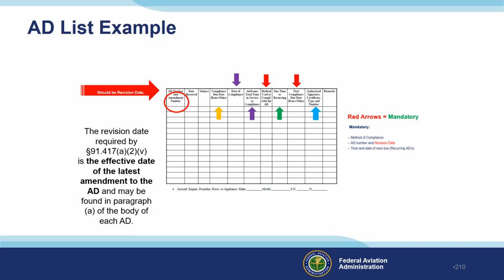If that's the case, then this becomes part of the official required records. You could just put in that block, see logbook, dated, whatever. And then the logbook itself would be the actual record of the accomplishment of the AD. Different ways to do it.